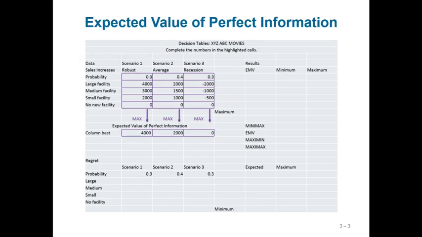Starting off with the expected value of perfect information, you're going to take a look at the maximum payoff that you get under each scenario. In this situation, looking at the maximum payoffs, your perfect information is going to be 4,000 under a robust economy, 2,000 under an average economy, and nothing under a recession.